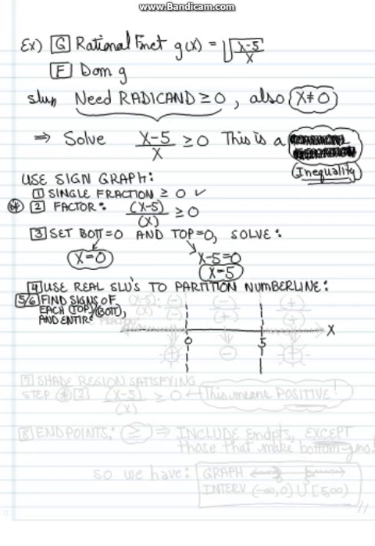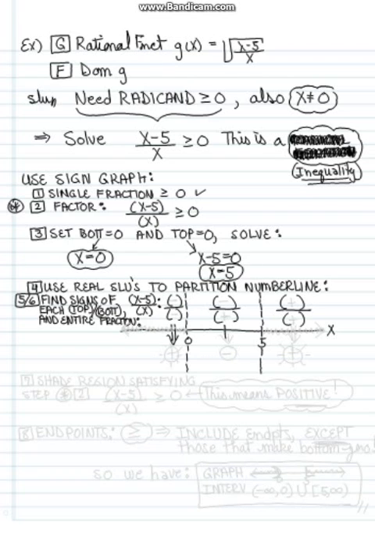So I'm going to draw a little fraction in each of the regions to represent the parenthesis x minus 5 over parenthesis x. In the first region, I have parenthesis over parenthesis, middle region, and the right region.